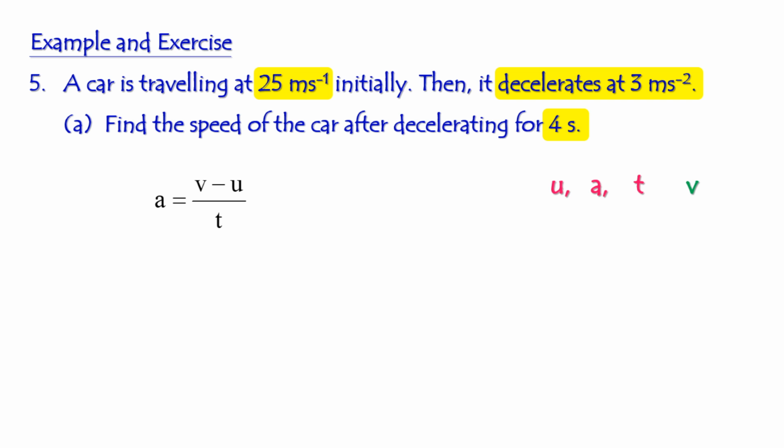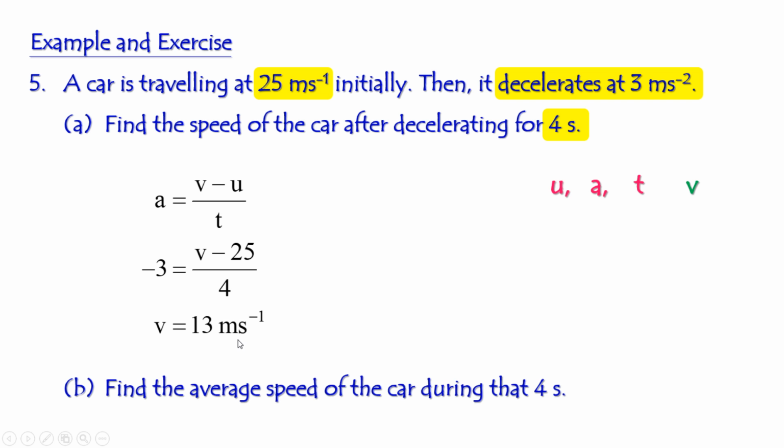Okay, you use the number minus 3, and the final speed is not known, v. The initial speed is 25 and the time taken is 4, right? Then you multiply 4 to the left hand side and move the term to the other side. Then can you find out the value of v? It should be equal to 13 and the unit is meter per second.